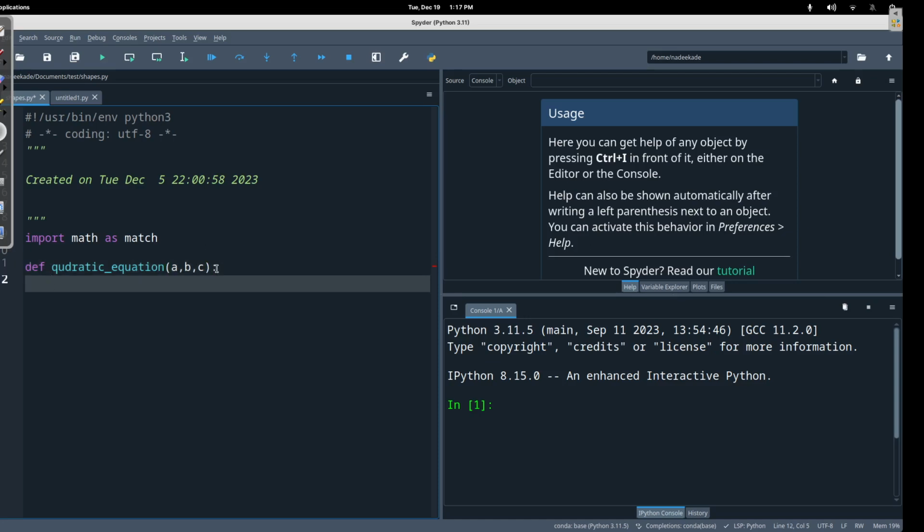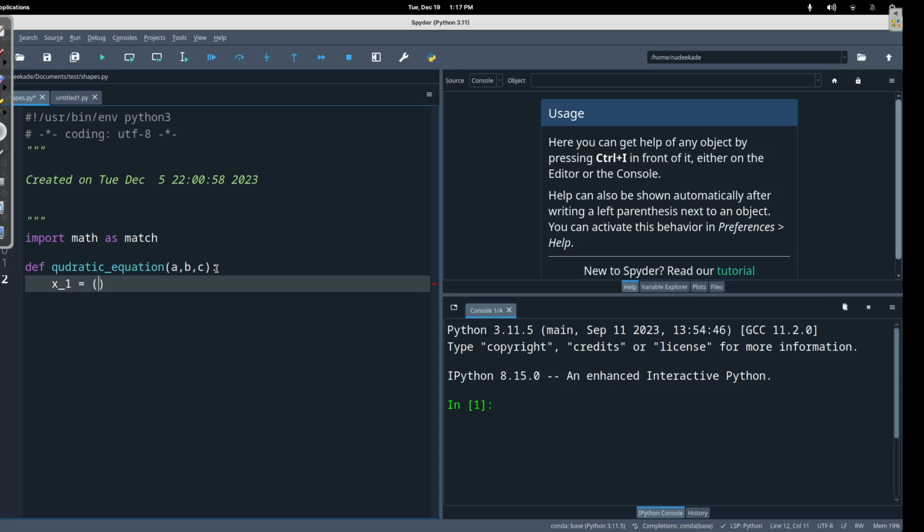Okay, now we will find the two roots separately. So x1 equal to minus b. We will find the first root with the minus term.